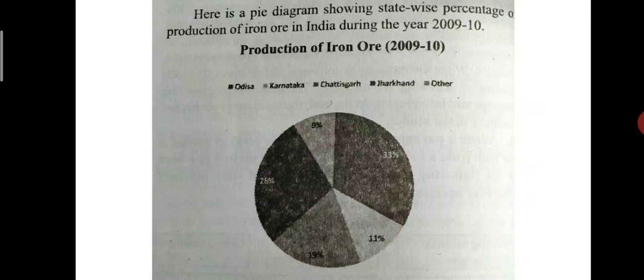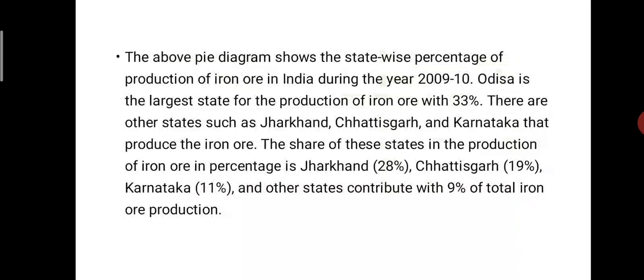The five states are here: Odisha, Karnataka, Chhattisgarh, Jharkhand, other. So, according to the color, it is divided and the pie diagram is drawn. This is how the particular pie diagram is given here, and how you are going to write down a paragraph with the help of that pie diagram.